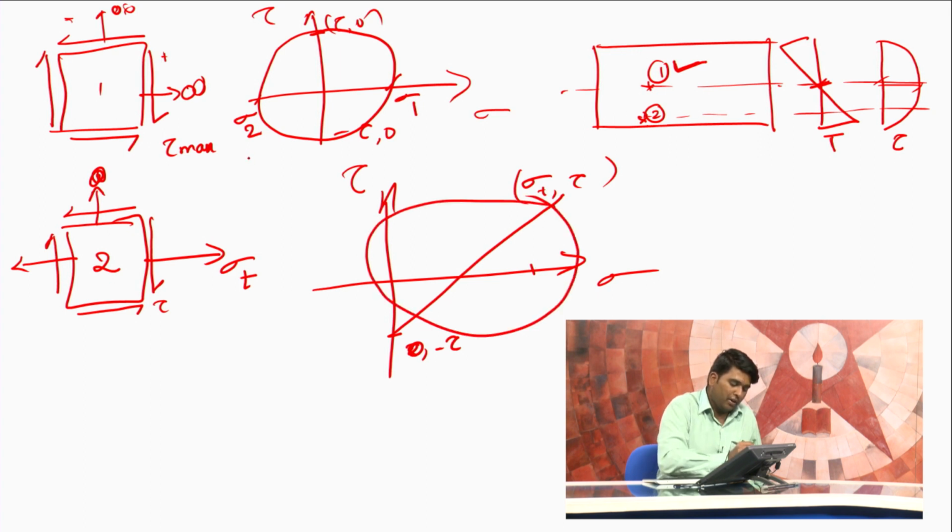So, if you compare case 1 and case 2, your sigma 1 or your principal tensile stress is of higher magnitude compared to the pure shear case, right. So, that is why we are saying as your section goes towards the bottom, your principal tensile stress goes on increasing.